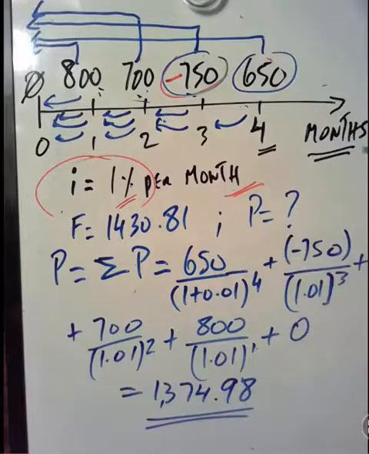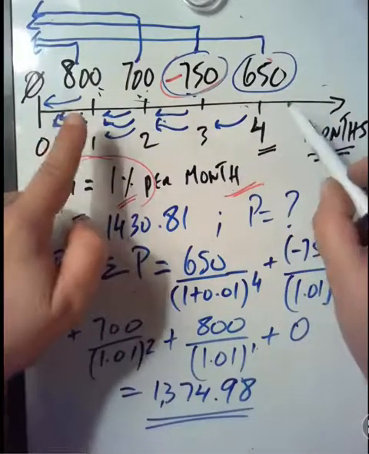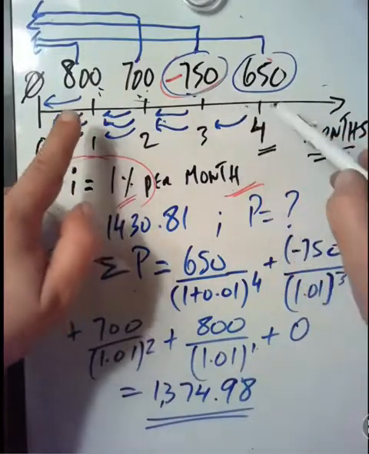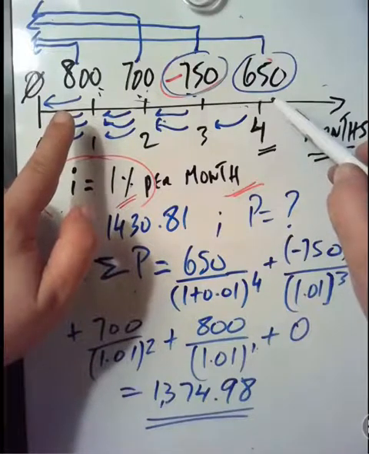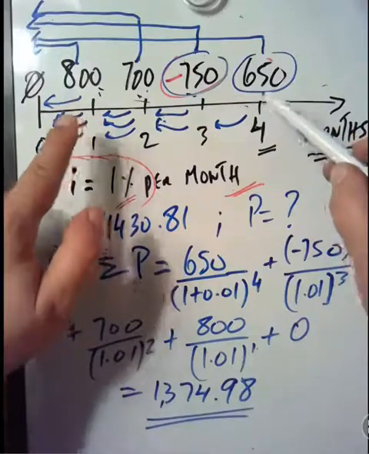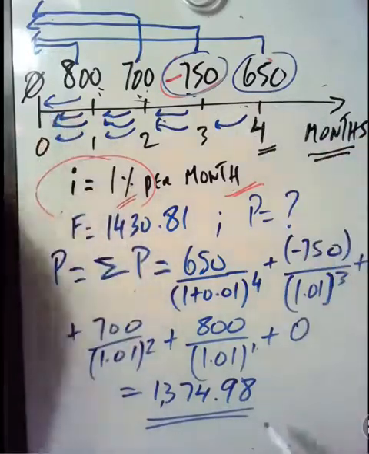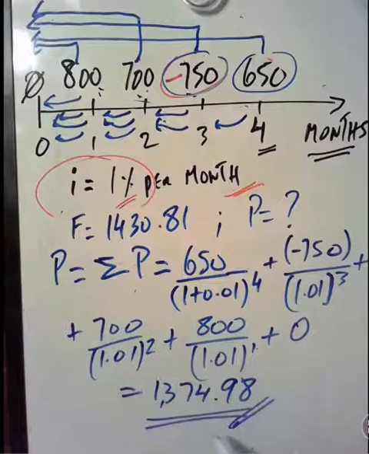If somebody would accept the deal of paying you now in advance to collect these cash flows and take on this obligation, to earn a 1% return per month as a reward for agreeing to this operation, then that person would have to invest now, meaning give you $1374.98.